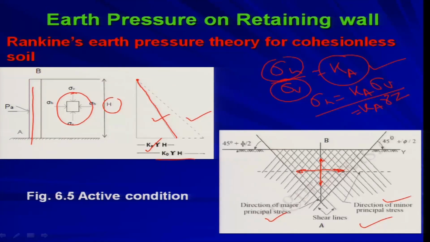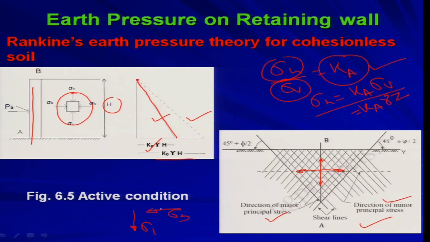Now, if you recall your Mohr circle representation, in case of this kind of orientation, when sigma 1 is acting in the vertical direction and sigma 3 is acting in the horizontal direction, that means sigma 3 is acting on the vertical plane and sigma 1 is acting on the horizontal plane.